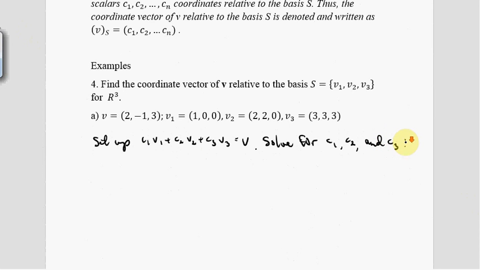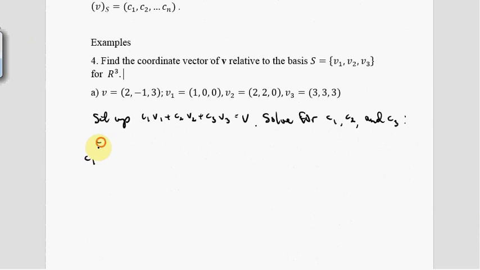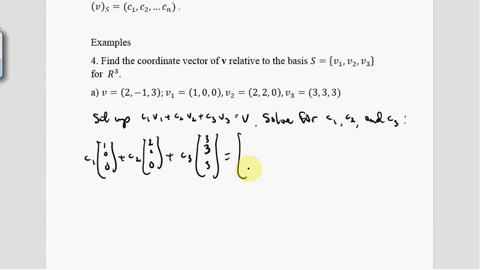So here's what we have. We have C sub 1 times V sub 1, that's 1, 0, 0, plus C sub 2 times V sub 2, 2, 2, 0, plus C sub 3 times V sub 3, 3, 3, 3. That's equal to V, 2, negative 1, 3.